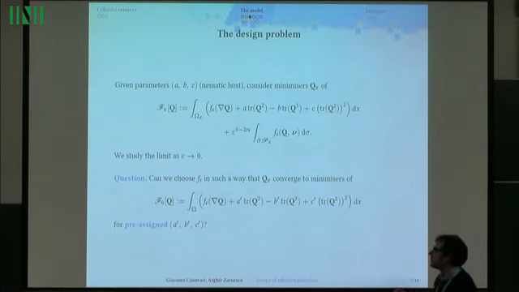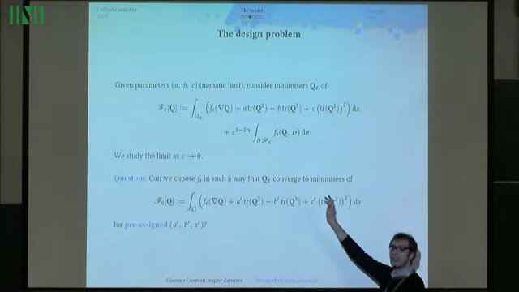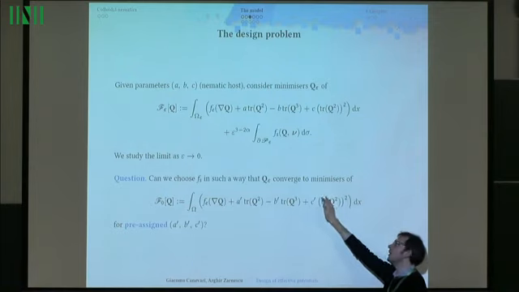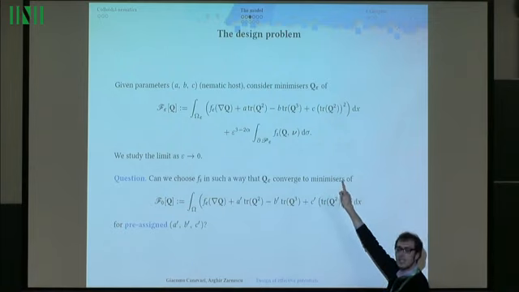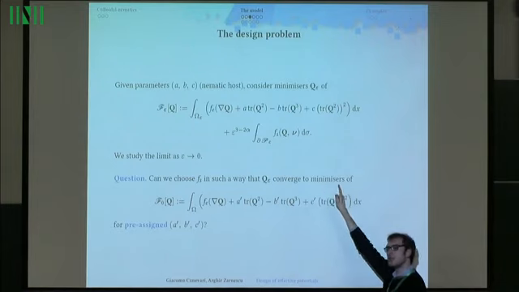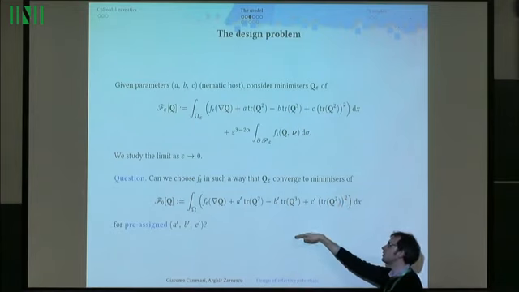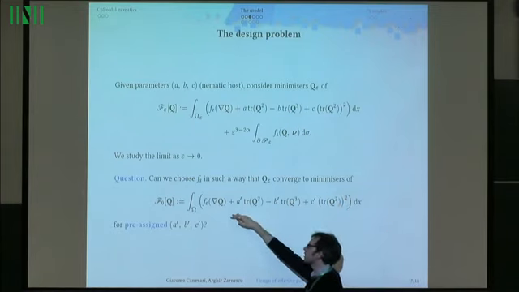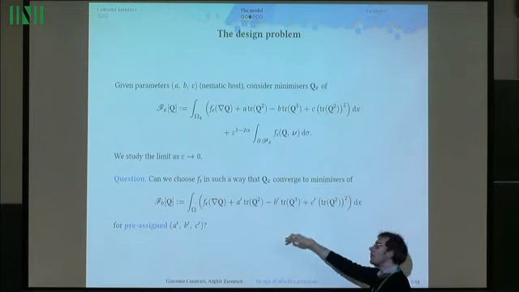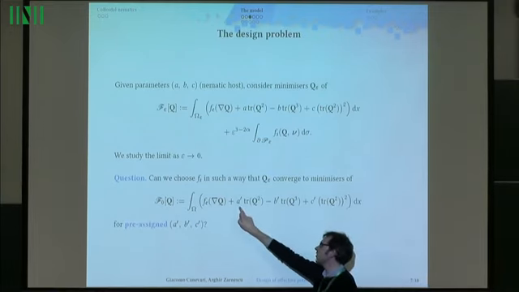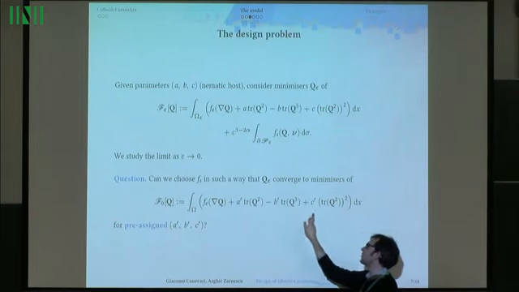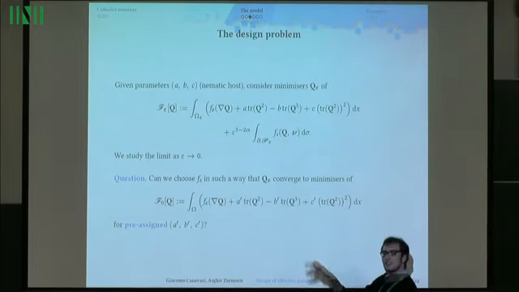So the question now is, can we choose the inclusions in such a way, and in particular, can we choose the anchoring in such a way that starting from our given material with parameters A, B, and C, in the limit as epsilon tends to 0, we obtain a functional such as this one, with pre-assigned coefficients A prime, B prime, and C prime. This is the design problem.